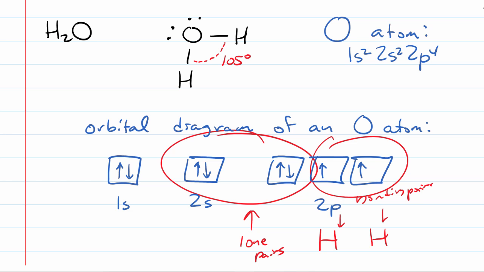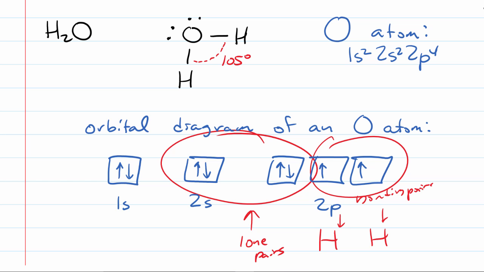They're 90 degrees. This is 90 degrees to this one, and it's also 90 degrees to this one. This is 90 degrees to each of these 2, and this is 90 degrees to each of these 2 here. So if we have these half-filled orbitals and they sit at 90 degrees to each other, one might expect that if we imagine these overlapping with each other, we would find a bond angle of 90 degrees.